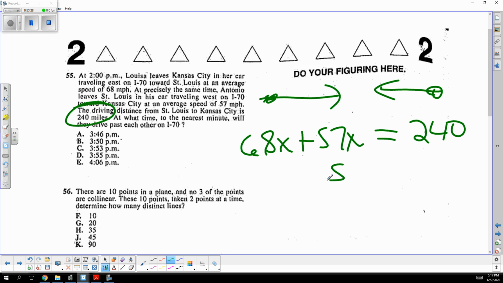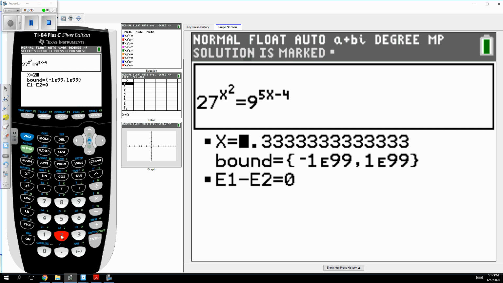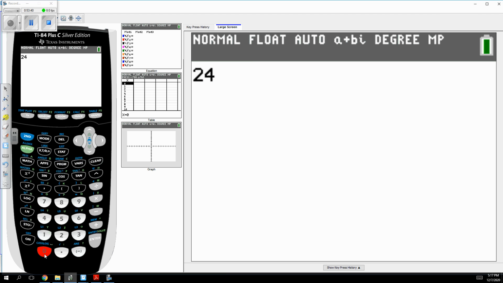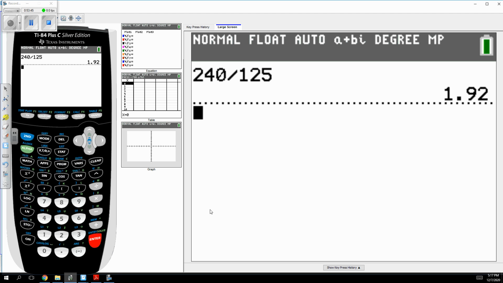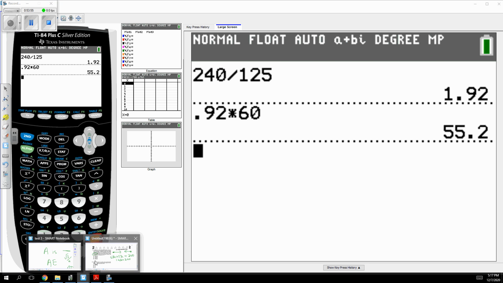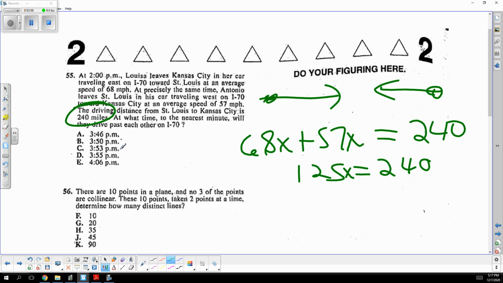So you add up your x's, and you get 240 over 125. 240 divided by 125. It's not quite 2 hours. It's 0.92 of 60. Since there's 60 minutes in an hour, it's 55.2. So it's 1 hour and 55. It's real close to D as the answer.